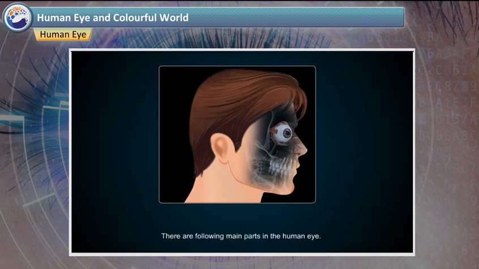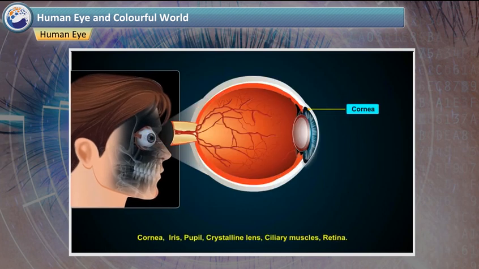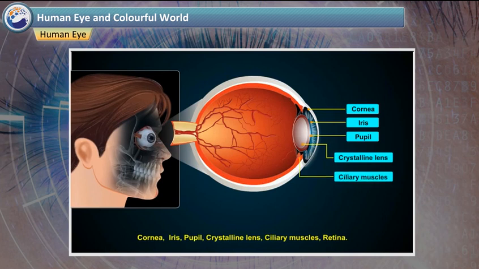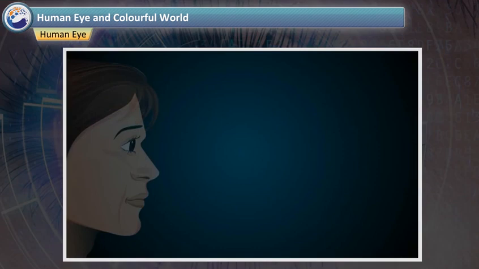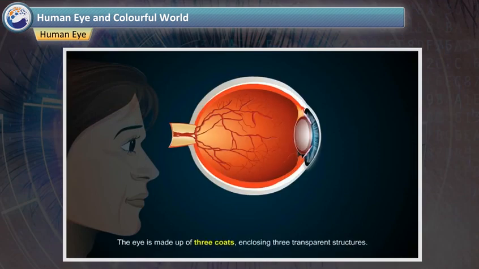There are following main parts in the human eye: cornea, iris, pupil, crystalline lens, ciliary muscles, retina. Parts of human eye. The eye is made up of three coats, enclosing three transparent structures.